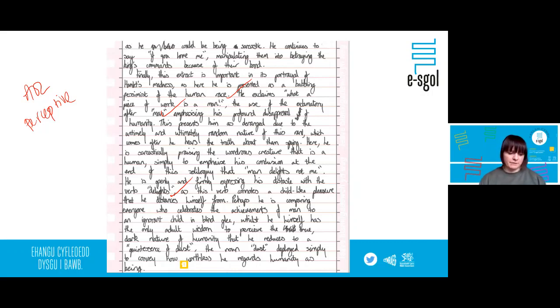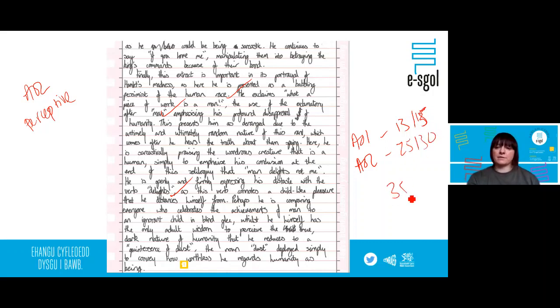Okay, very confident, very thoughtful reading being presented here. So in an examination, this would have achieved a split mark of 13 out of 15 for AO1, and it would have had 25 out of 30, so a total of 38 out of 45 for that part of the paper.